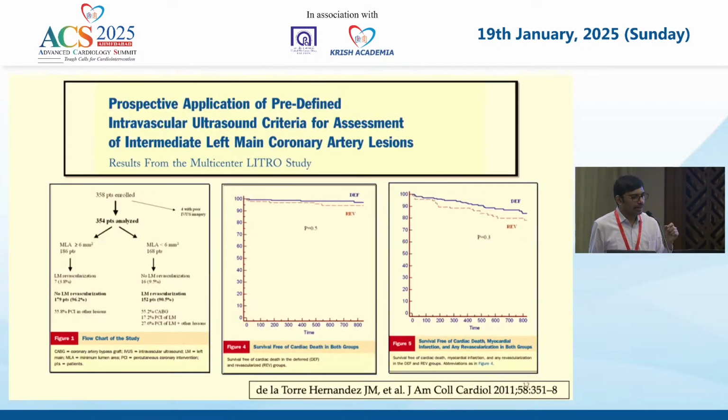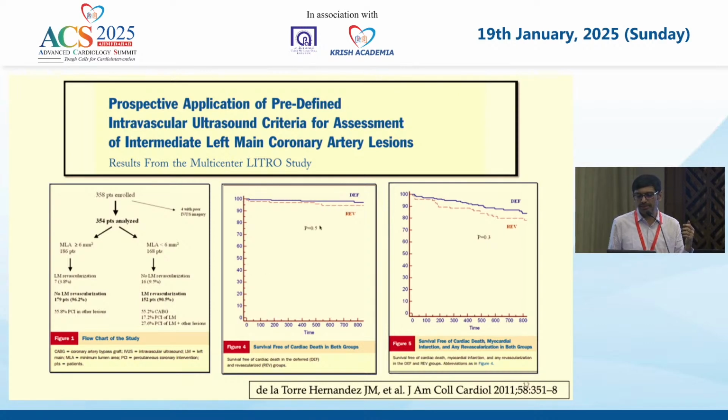Only one area has been prospectively evaluated so far, that is the LITRO study, which used an area of 6 millimeter square. Anything less than 6 millimeter square, they intervened. Those lesions with 6 millimeter square or more, they deferred. If you see the outcomes, there is no difference whether you intervene based on your smaller lumen area or defer based on your bigger lumen area.